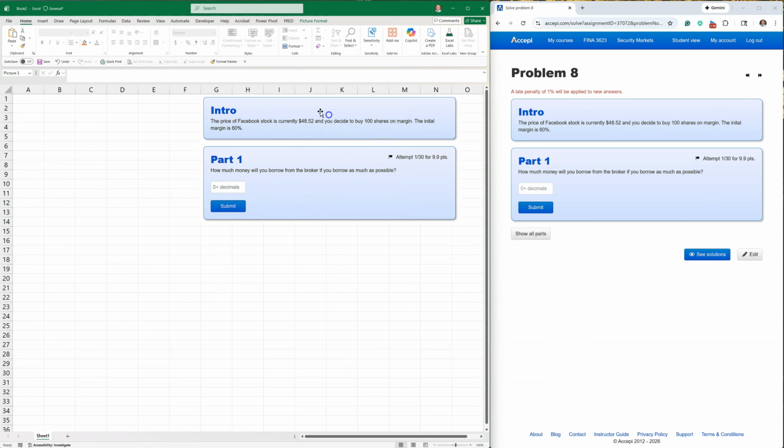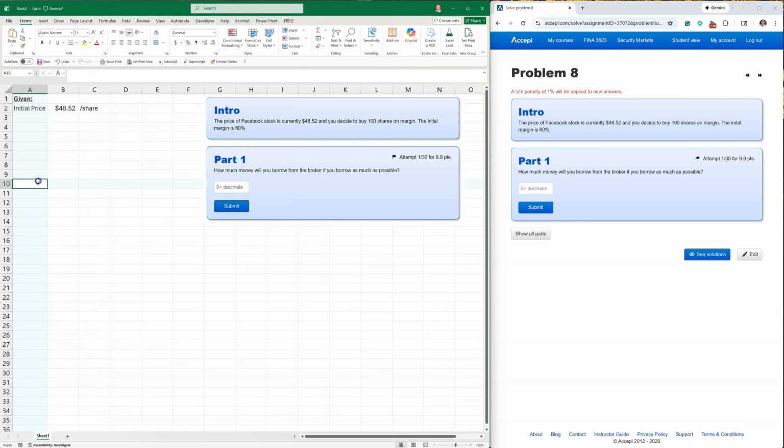All right, so what are we given here? We have the initial price, which is 48.52, and that's per share, right?